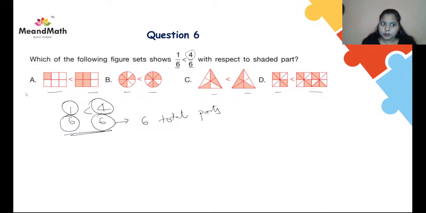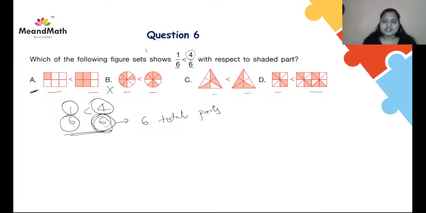So we can see that option A can be the answer. Now let us count option B. 1, 2, 3, 4, 5, 6, 7, 8. It has 8, so this can't be the answer, right? Because in the denominator we need 6 total parts, but here this circle is divided into 8 parts.